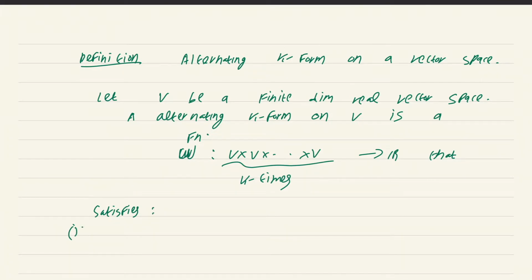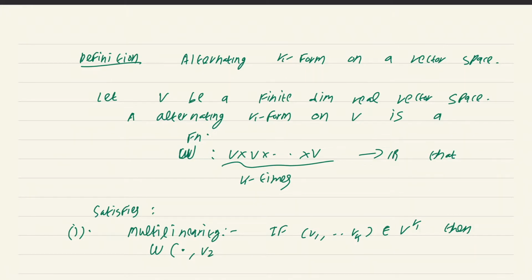number one, multilinearity. What multilinearity says is, if v1 to vk are elements of V, then omega of (·, v2, ..., vk), omega of (v1, ·, v3, ..., vk), ..., omega of (v1, ..., vk-1, ·) are all linear.